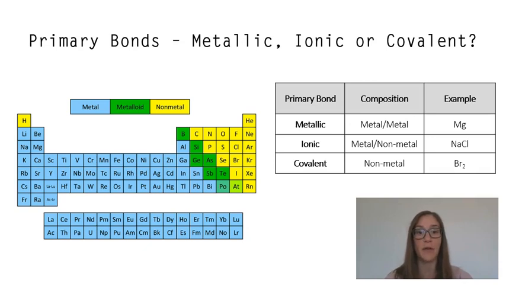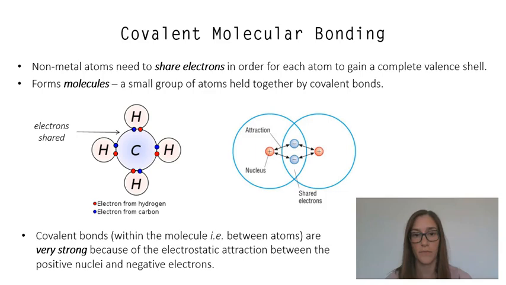For example, a metallic substance is just composed of a metal element, this blue section in the periodic table. A covalent substance is just composed of a non-metal element, this yellow section of the periodic table. And an ionic compound is a metal and a non-metal element, for example, sodium chloride. Now this is a general rule, but there are some exceptions.